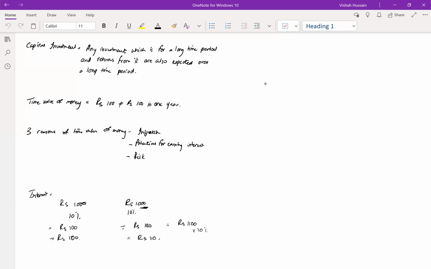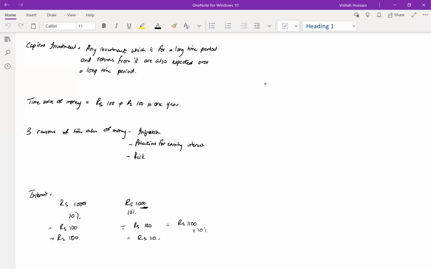Then risk. Risk is something that an investor really carefully takes a look at when it comes to making sure that you make a good investment.